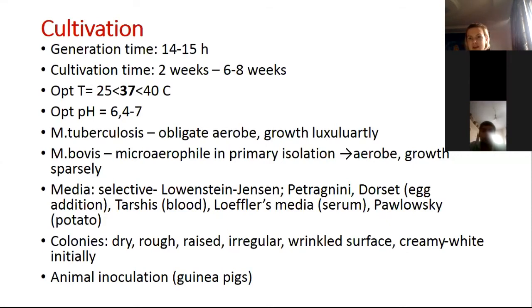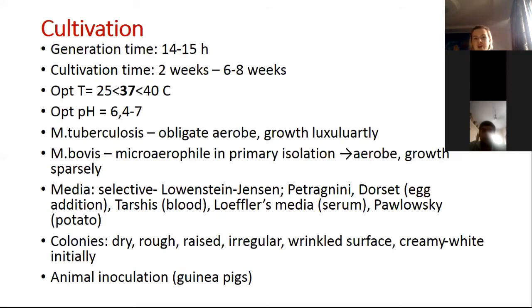the World Health Organization's choice is Lowenstein-Jensen. Of course, if you have them in your laboratory, you can use Petragnani, Dorset, containing eggs, Tarsus, containing blood, Loeffler media, containing serum, and Pavlovsky media, containing potatoes.